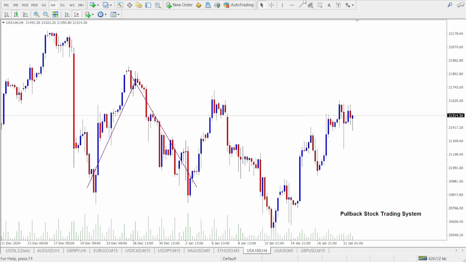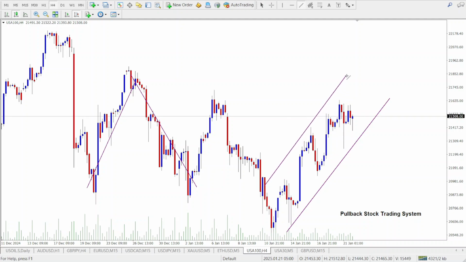For example, we can see that we had a bullish trend around here. This is the US 100 stock indices, so we are currently on the Nasdaq stock indices, and we are currently in a bullish trend.